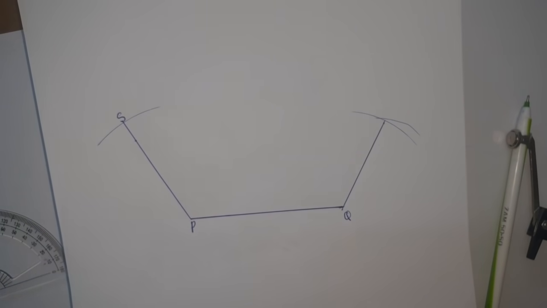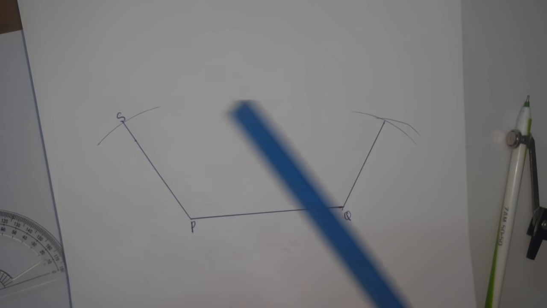So this is what we are supposed to do. Then the question is telling us now to measure and write down the length of RS.